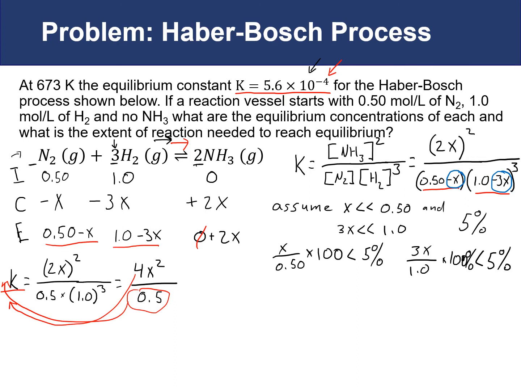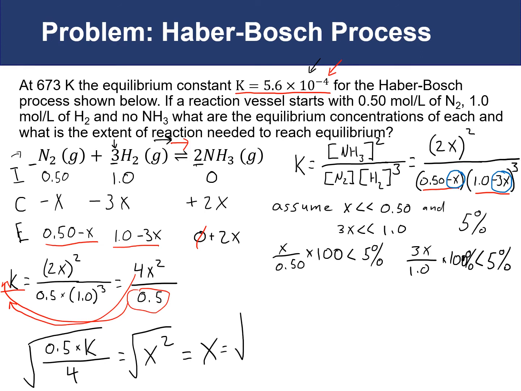This gives us 0.5 times k over 4 is equal to x squared. We can get the x by itself by taking the square root of both sides. So x is equal to 0.5 times our k, that quantity divided by 4, and then we square root everything.